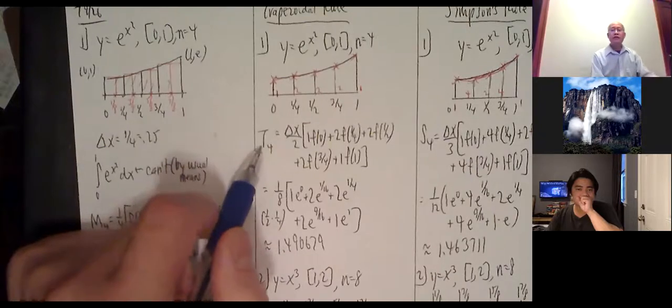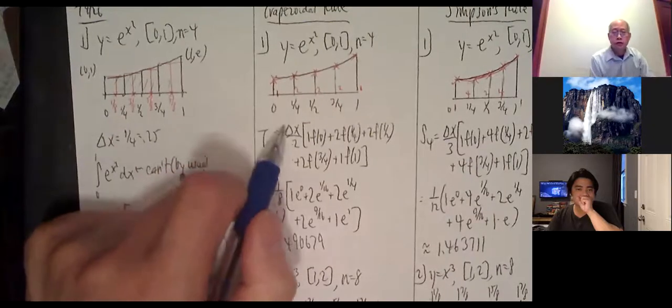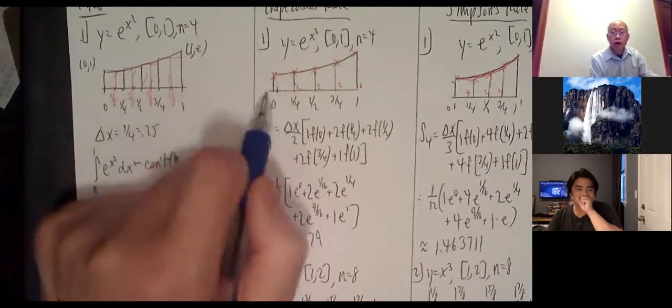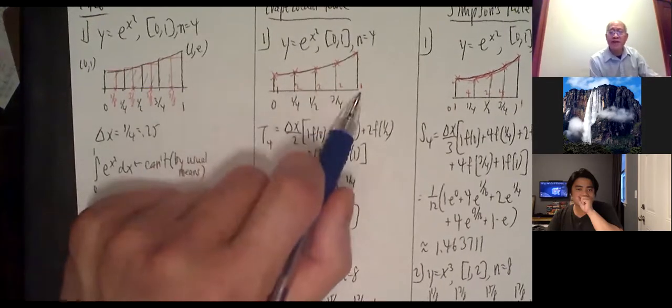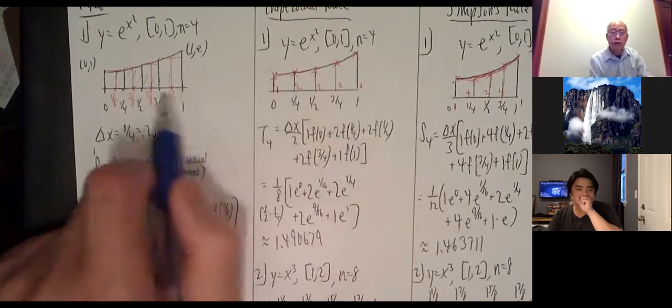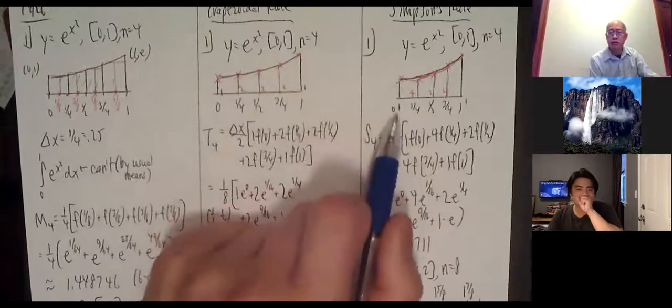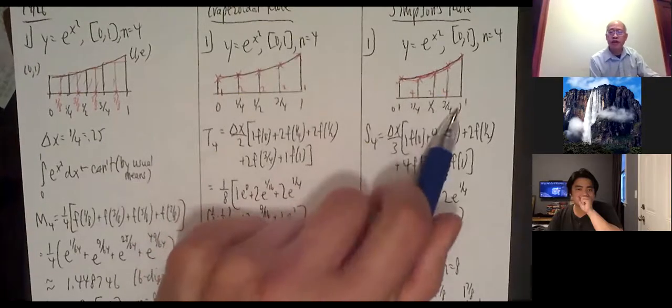All right, so for T4, you use delta x over 2. There are 1, 2, 3, 4, 5 endpoints, which is one more than you had over here. And by the way, you're doing the same thing for Simpson's rule, the same 5 endpoints.